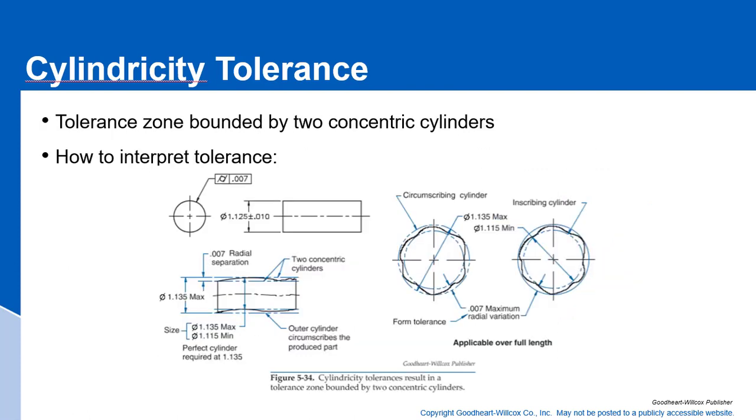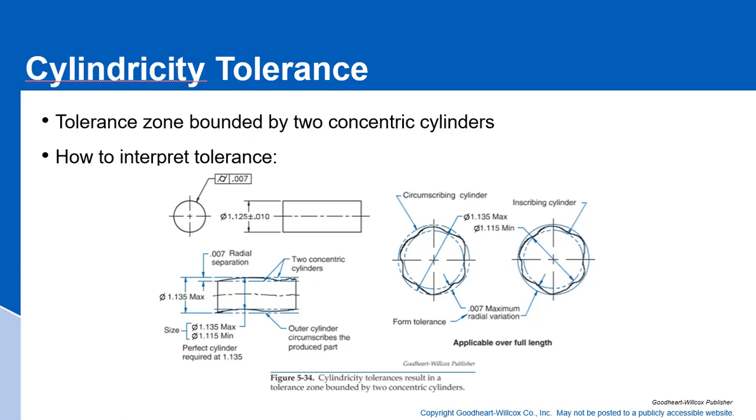So let's talk about cylindricity. If for circularity the tolerance zone was two concentric circles, for cylindricity the tolerance zone is two concentric cylinders. So really what you're doing is applying a circularity tolerance across the entire length of your part.